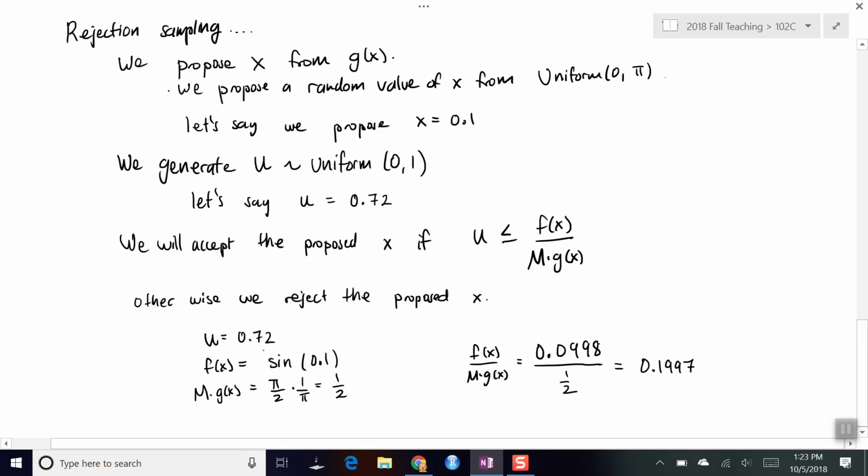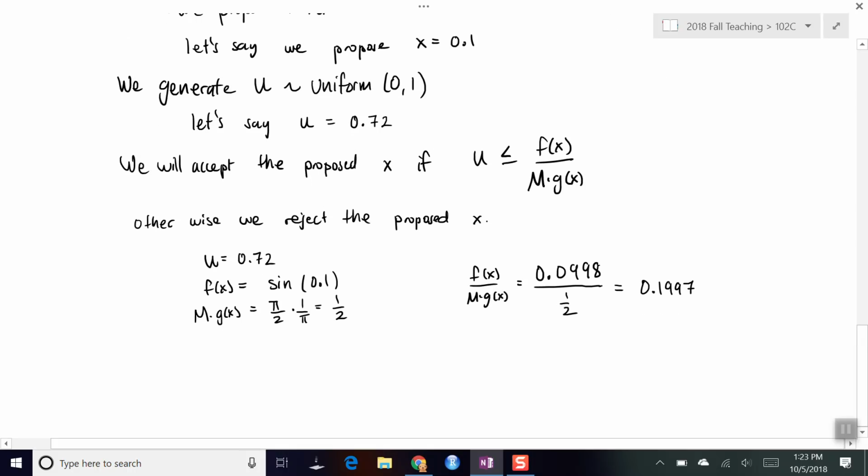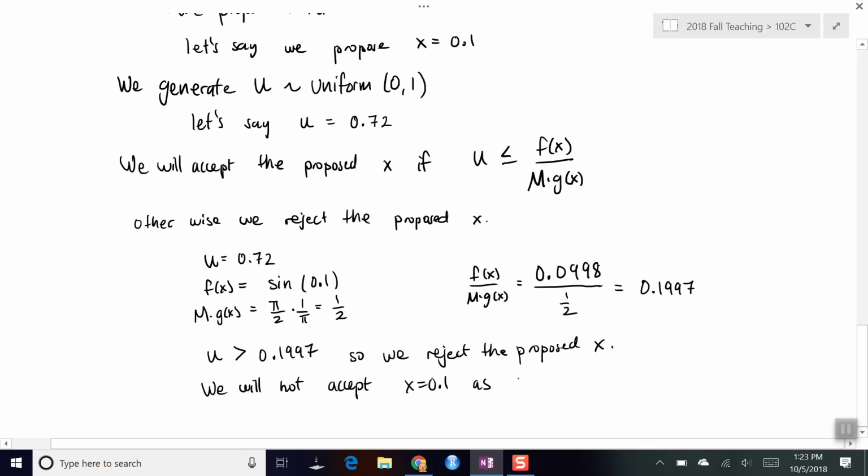So u, 0.72, is greater than 0.1997, so we reject the proposed x. We will not accept x equal to 0.1 as a value in our sample.